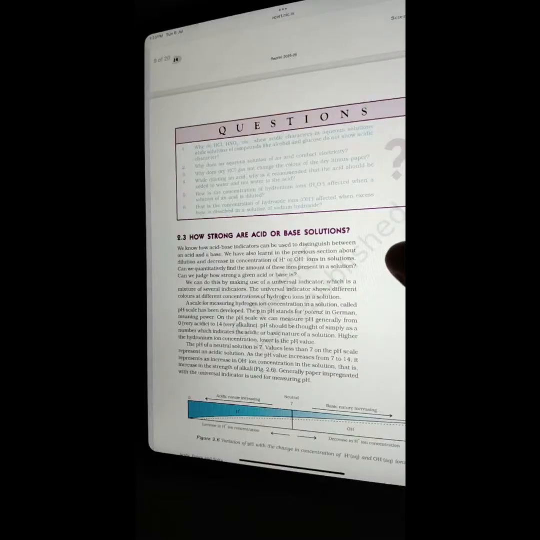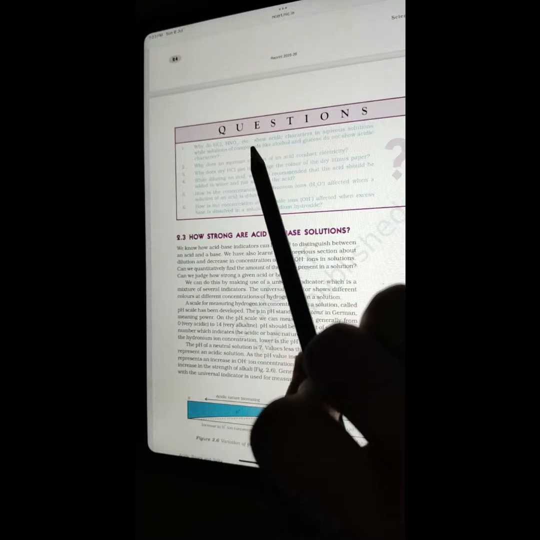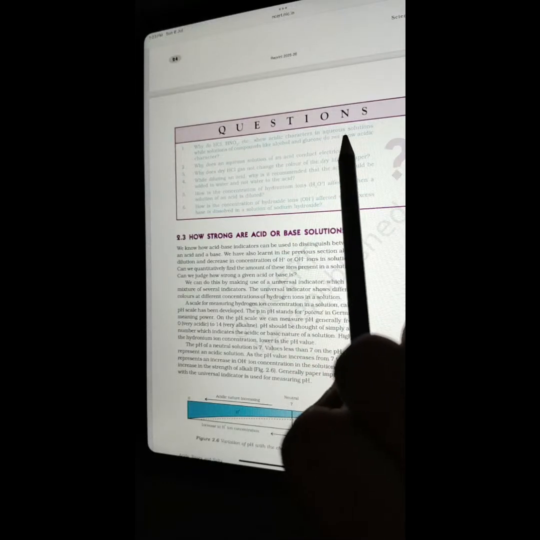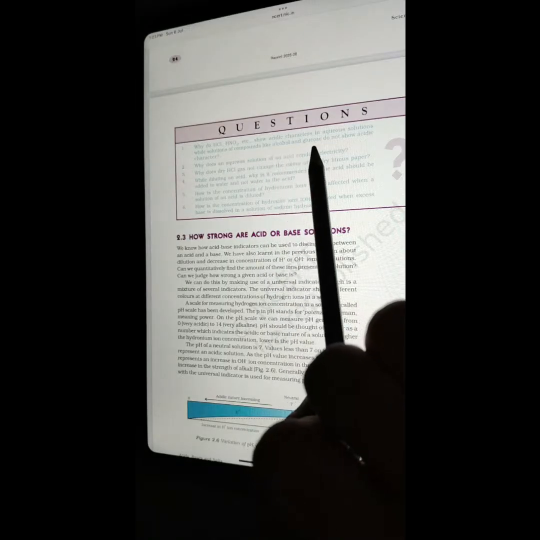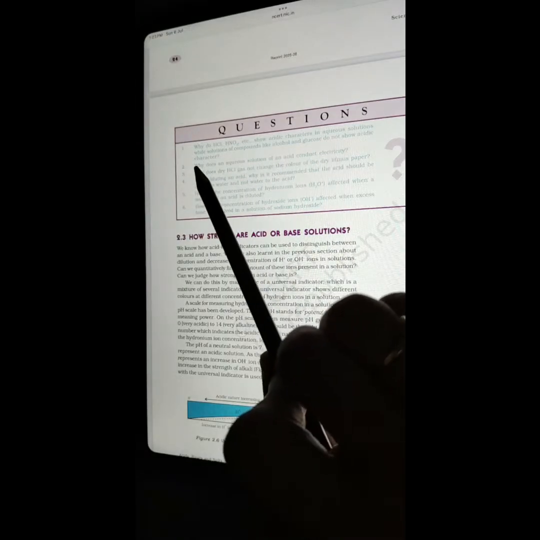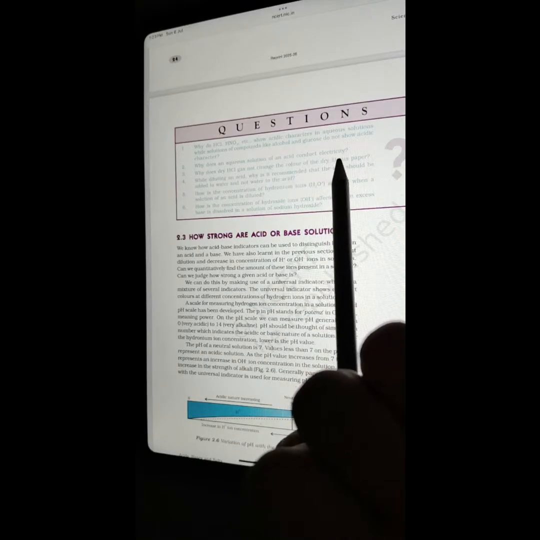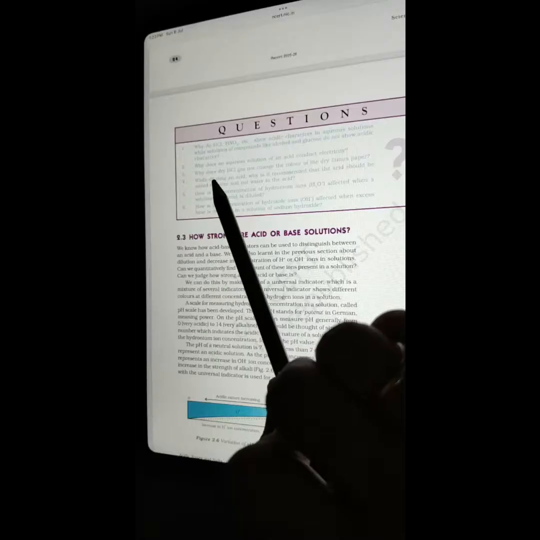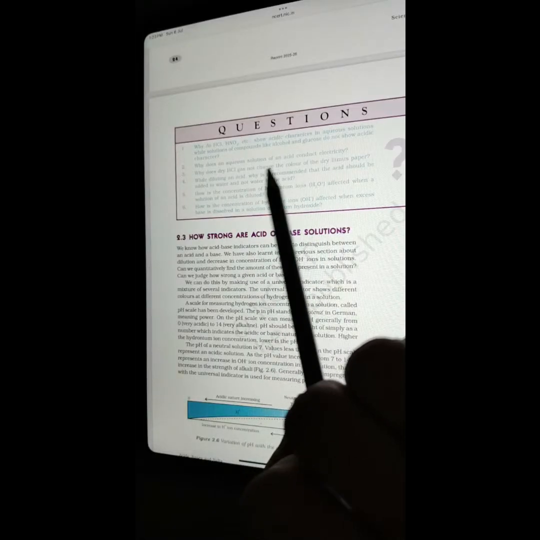Next page, please. We are on in-text questions now. 1. Why do HCl, HNO3, etc. show acidic character in aqueous solutions, while solutions of compounds like alcohol and glucose do not? 2. Why does an aqueous solution of an acid conduct electricity? 3. Why does dry HCl gas not change the color of dry litmus paper? 4.